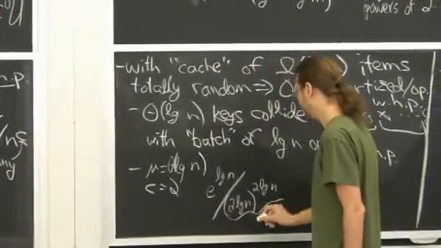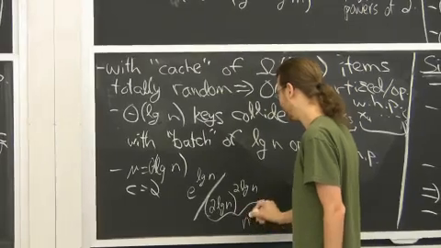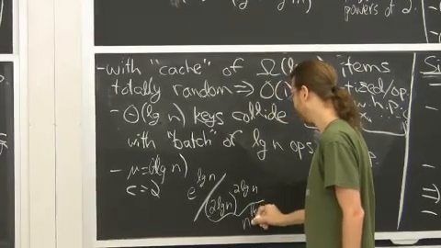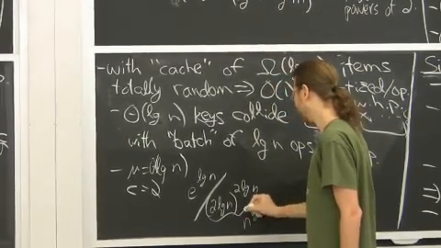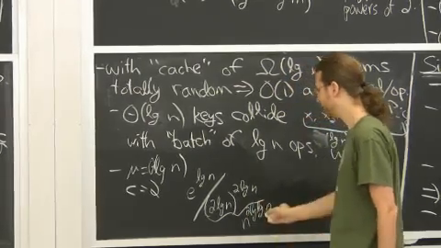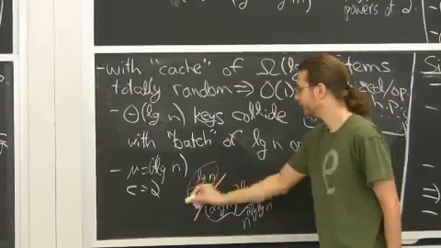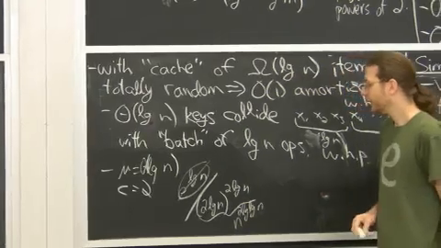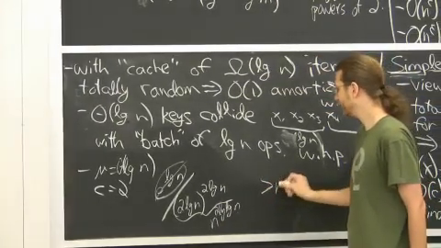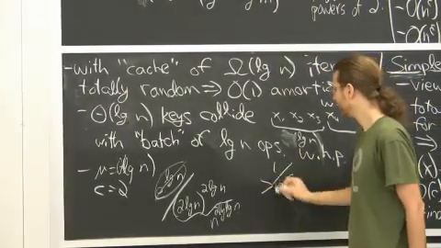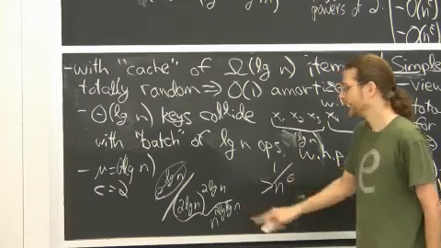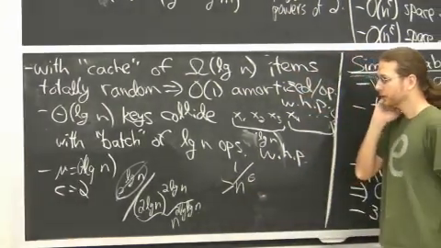So this is roughly like n to the log n, 2 even. So this is big, way bigger than this. So this essentially disappears. And in particular, this is bigger than n to the c, 1 over n to the c for any c. So log n is bigger than any constant.